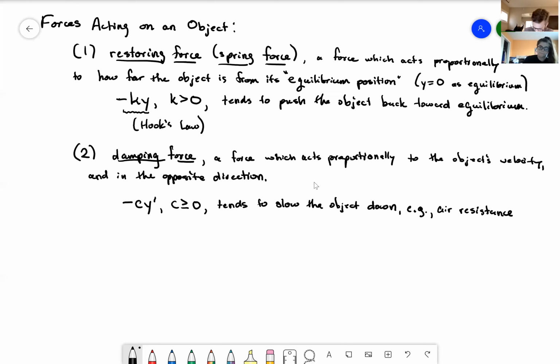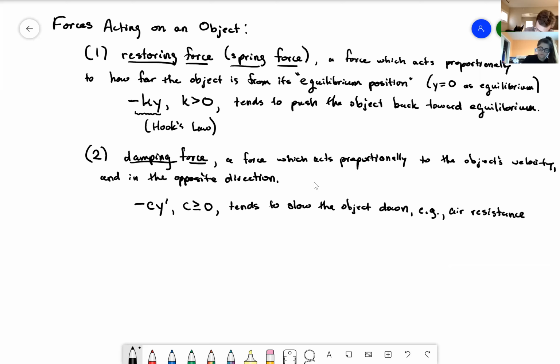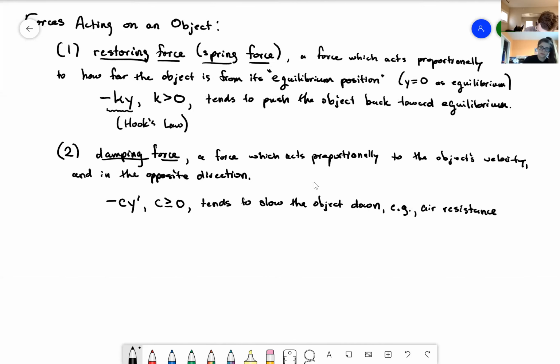So again, air resistance is more complicated than just multiplying a number by the velocity, but pretty close. So air resistance, or you could also think of it as movement through some other fluid.